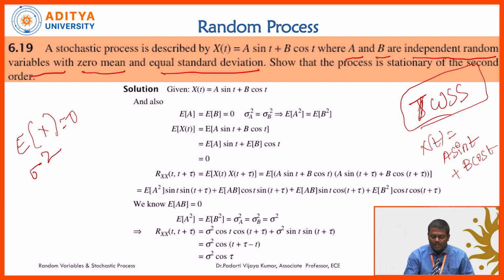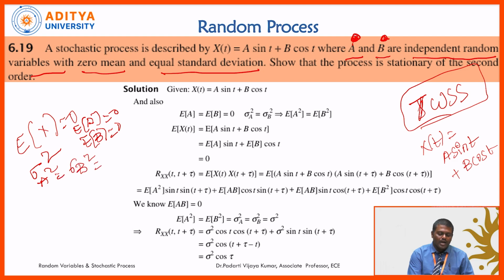So, two random variables A and B are there. Expectation of A is 0, expectation of B is also 0, and sigma A square is equal to sigma B square, which is equal to some constant sigma square. So, this data is given to us.